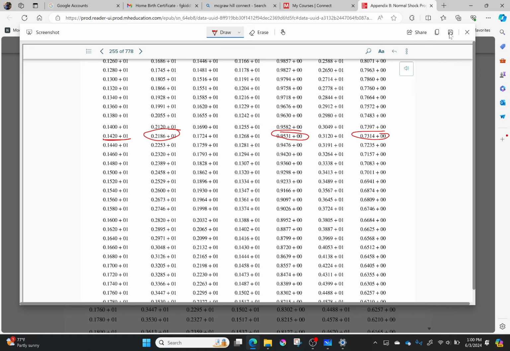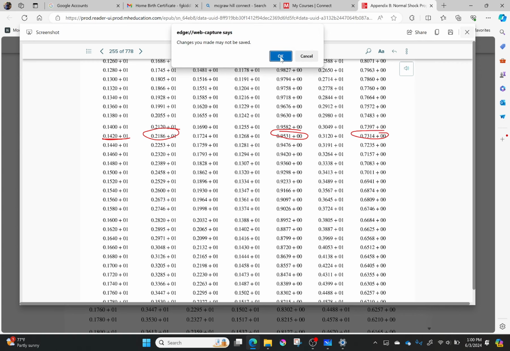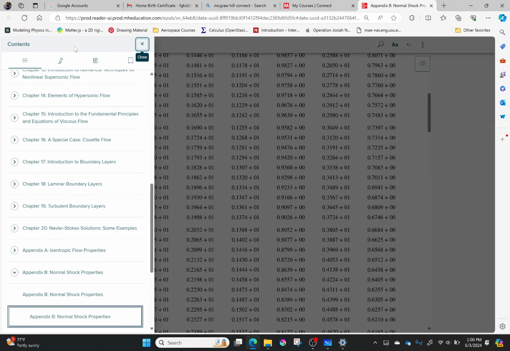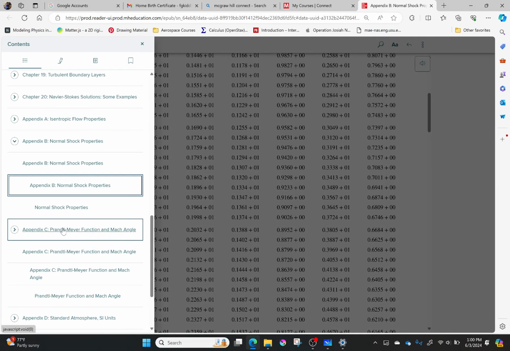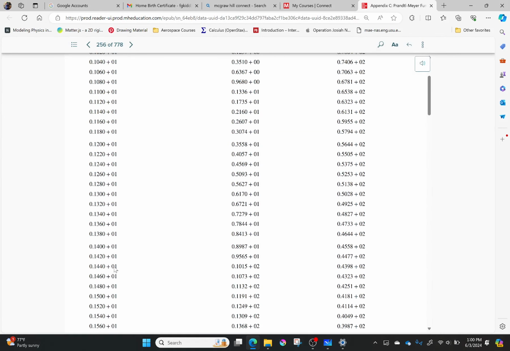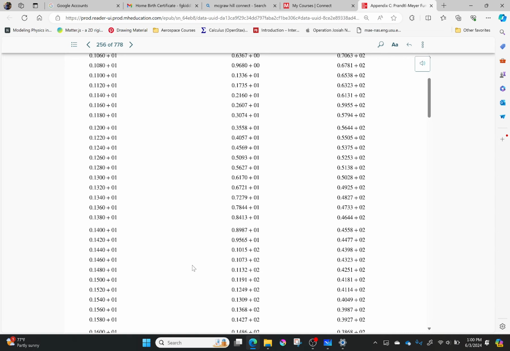So I now need to go to Appendix C for a Mach number of 1.46, which hopefully will be in there. I don't know, but we'll pick something close. 1.46 is there. Happy days. Okay, so for 1.46, I have a Prandtl-Meyer function of 10.73 degrees. It's right there, not too bad.